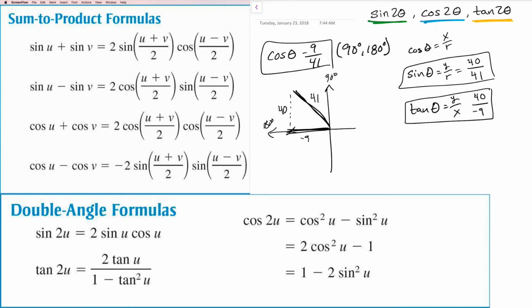And now it's just a matter of plugging them into our double angle formulas. Okay, so the first one, I want to look for sine. I'm going to use my green. So sine 2 theta, the formula for sine 2 theta is 2 sine theta times cosine theta.